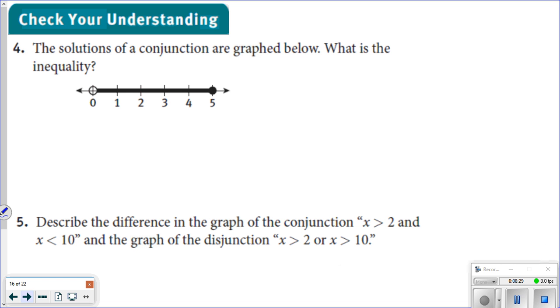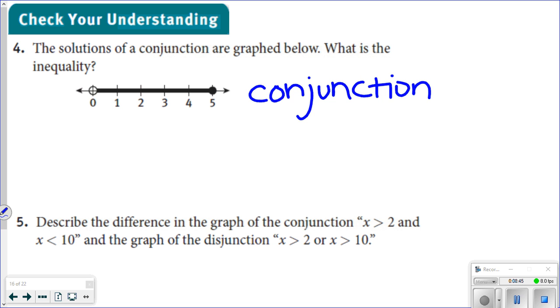And the last question is, how are we going to write this conjunction? Okay, so if we're looking at the graph for question 4, I know already that this is a conjunction because my two circles are connected. So we're going to write the inequality that matches that. Furthest to the left, we have a 0.